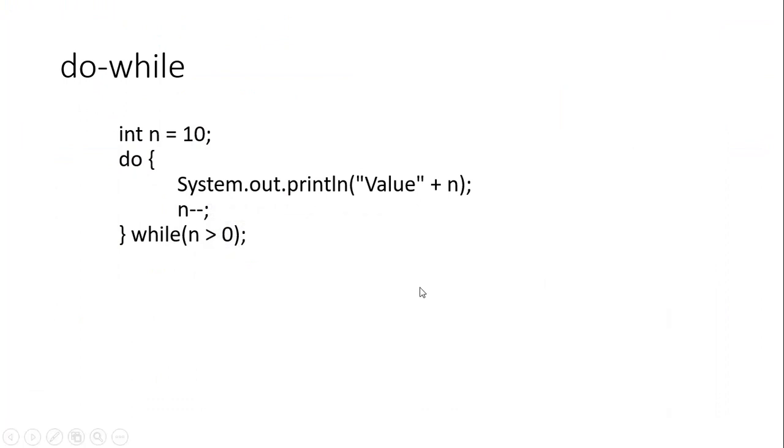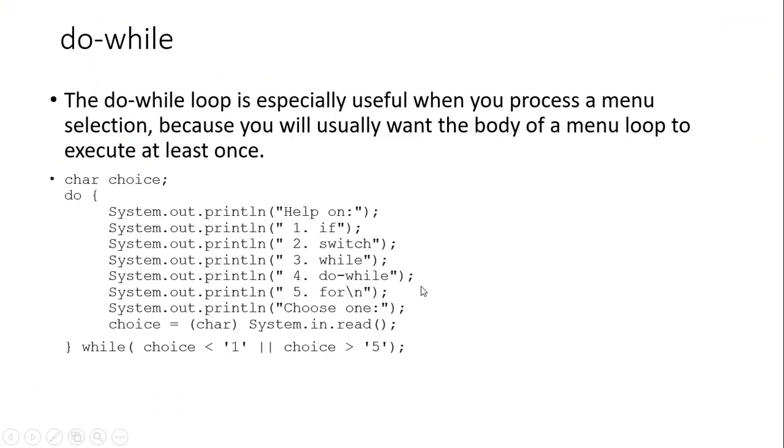So let's go to the next part, and that is why do we have to use a while loop? Most of the time we use a while loop to create a simple menu. For example, we give the choice to the user, like if you press 1, an if statement will be there. If you press 2, something will be there. If you press 3, and so on.